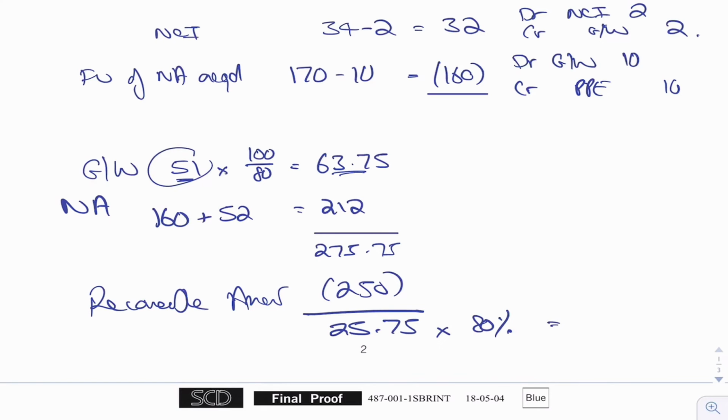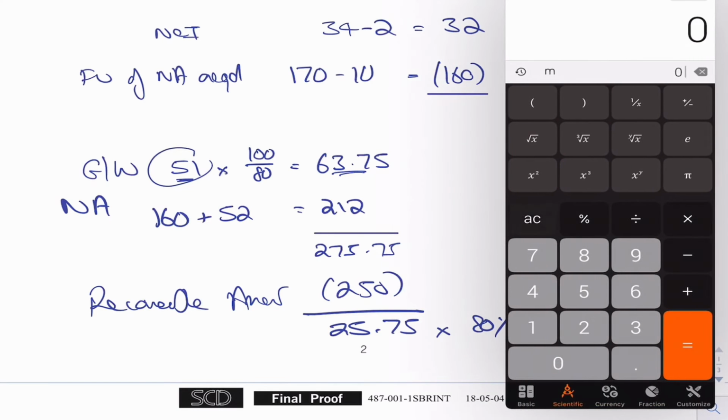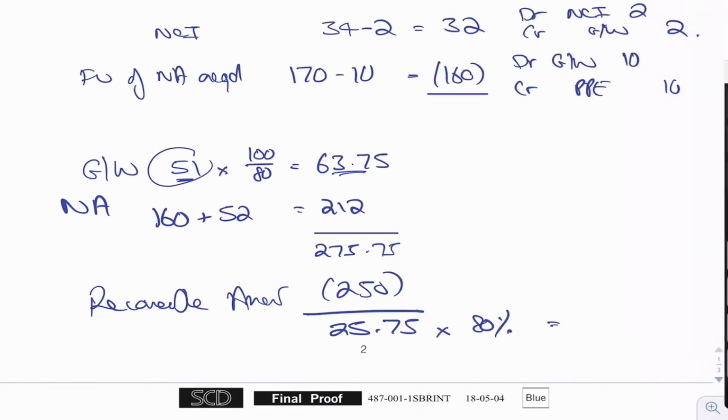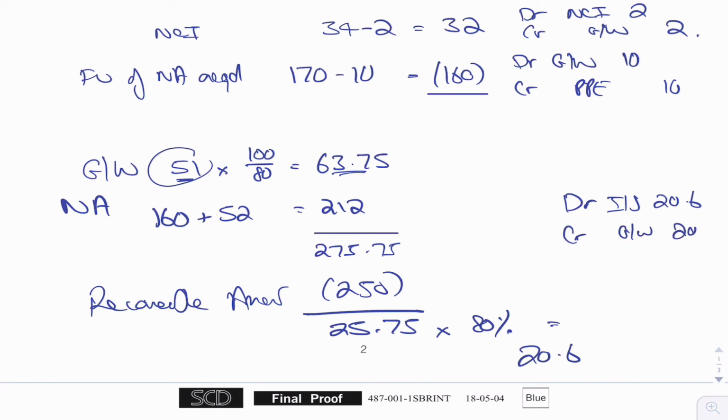So 25.75 times 80%, which is 20.6. And so my double entry for that would be to debit my income statement with 20.6, some operating expense, and credit goodwill with 20.6.